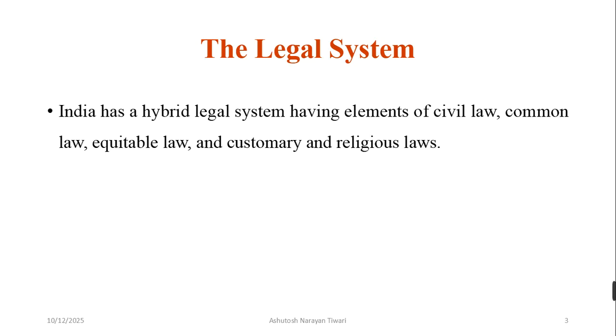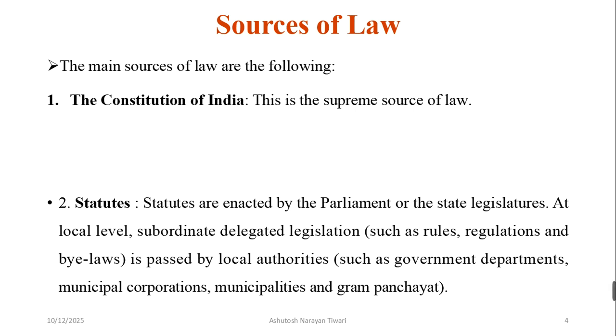The legal systems. India has a hybrid legal system having elements of civil law, common law, equitable law, and customary and religious law. Sources of law. The main sources of law are the following. The Constitution of India. This is the supreme source of law. Statutes.